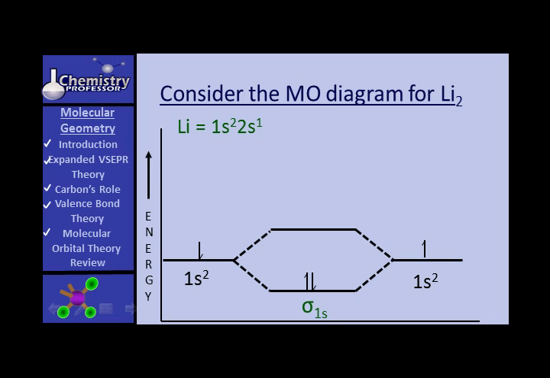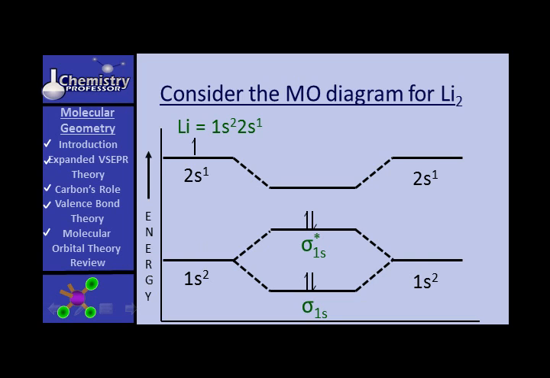Overlap occurs. We get a sigma bond from the 1s, which utilizes 2 of those electrons. We get a sigma antibond from the 1s, which takes up the other 2. So now we've lost both of those electrons. Now let's go to the 2s. We have 1 electron at each of these positions.